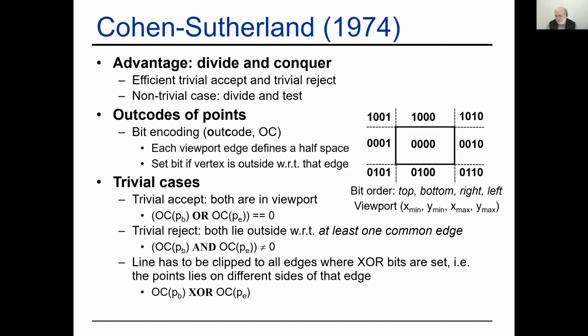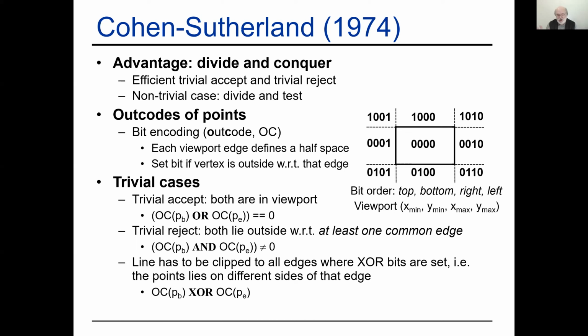Then the final part is that the bitcodes can also be used to identify against which of the edges we need to clip. If you look at the bitwise XOR of those two outcodes, it essentially tells you the edge with respect to which one point is outside and the other point is inside. Let's say we choose the left edge. Then one point is on the left and one point is on the right of that edge, and obviously that means we need to clip.